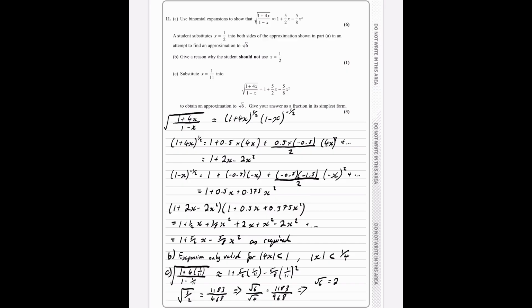And so square root of 4 is 2, so if I double both sides, the square root of 6 will be equal to 2 lots of 1183 over 968. And that comes as 1183 over 484. And that fraction is my approximation for the square root of 6.